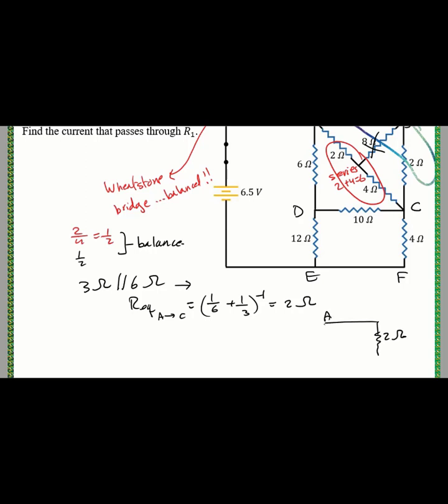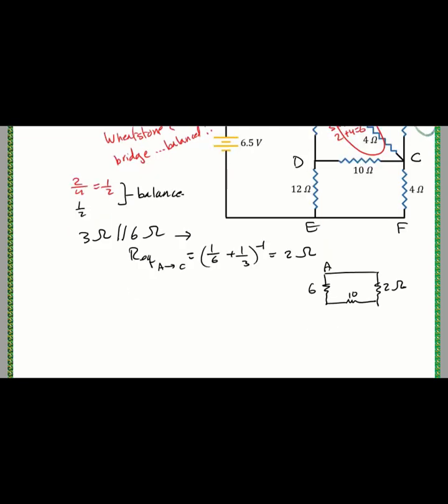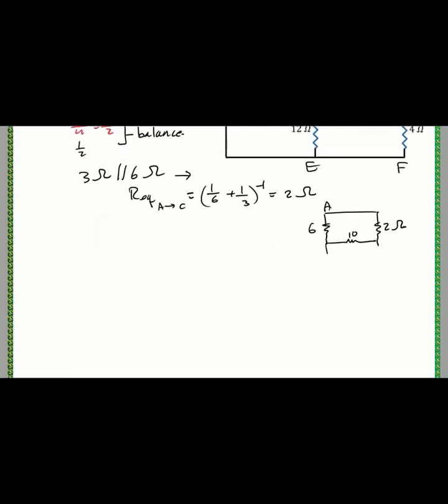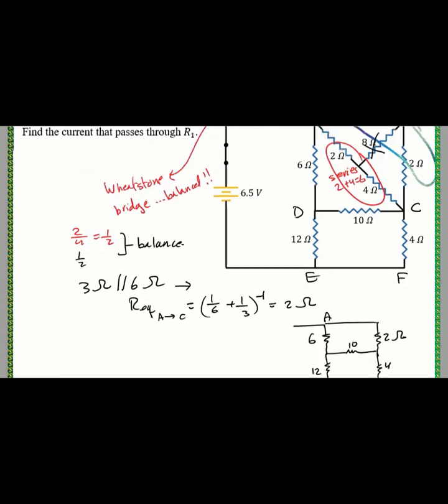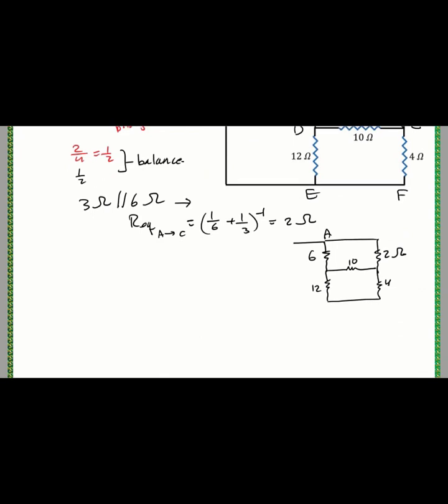And here this one is 6. This one is 10. And here we have 12 and 4. And here for the way to the battery we have R1, 2 ohms, then the battery.